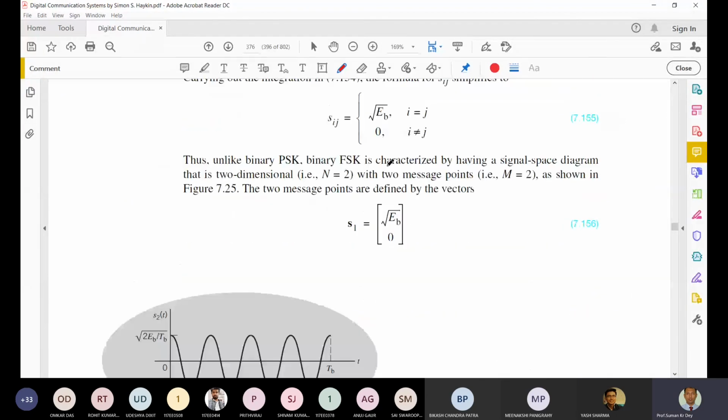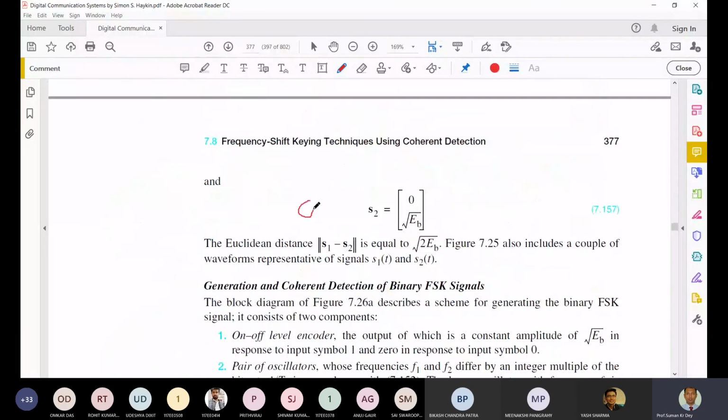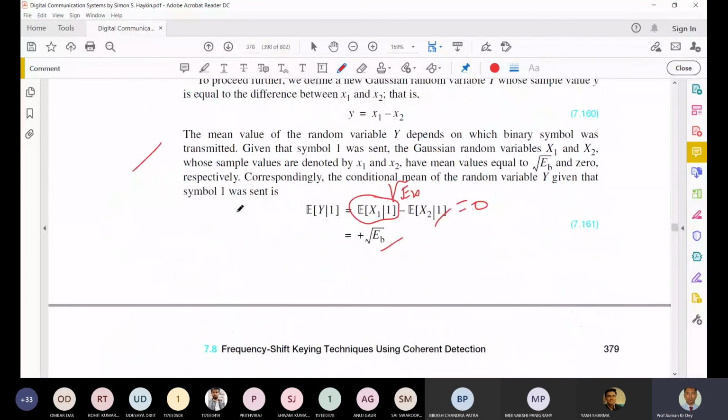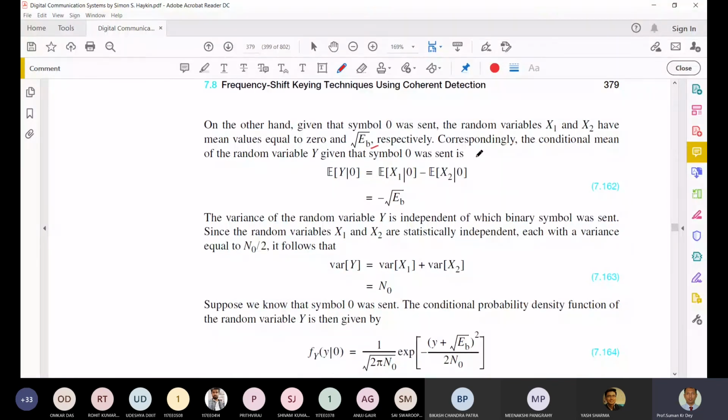When we send symbol 1, the mean value for x1 is square root of Eb and the mean value for x2 is 0. When we send bit 0, the mean value for x1 will be 0 and the mean value for x2 will be square root of Eb.